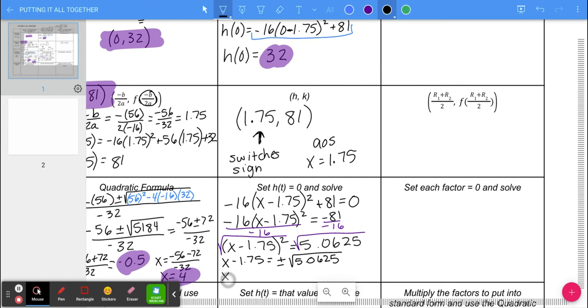So your two answers would be 1.75 plus the square root of all of that, which is 4. And then your other one would be 1.75 minus the square root, which is negative 0.05.